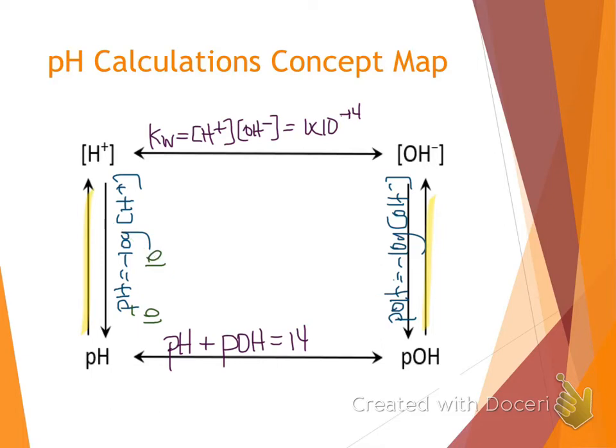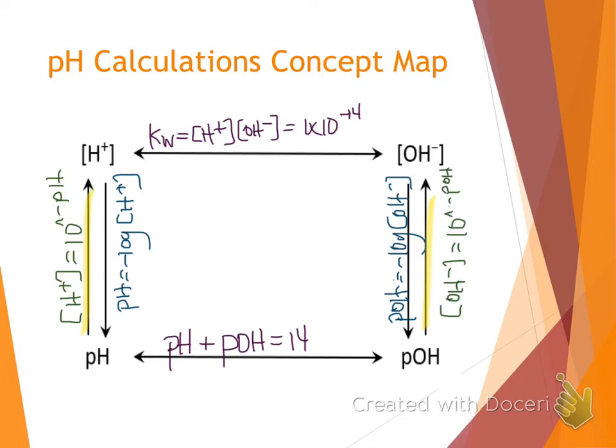So therefore, we can find our H plus concentration given the pH by, again, doing the anti-log, which is 10 to the negative pH power. Similarly, we can find our OH minus concentration by taking the anti-log of the pOH, which would be OH minus is equal to 10 to the negative pOH power.